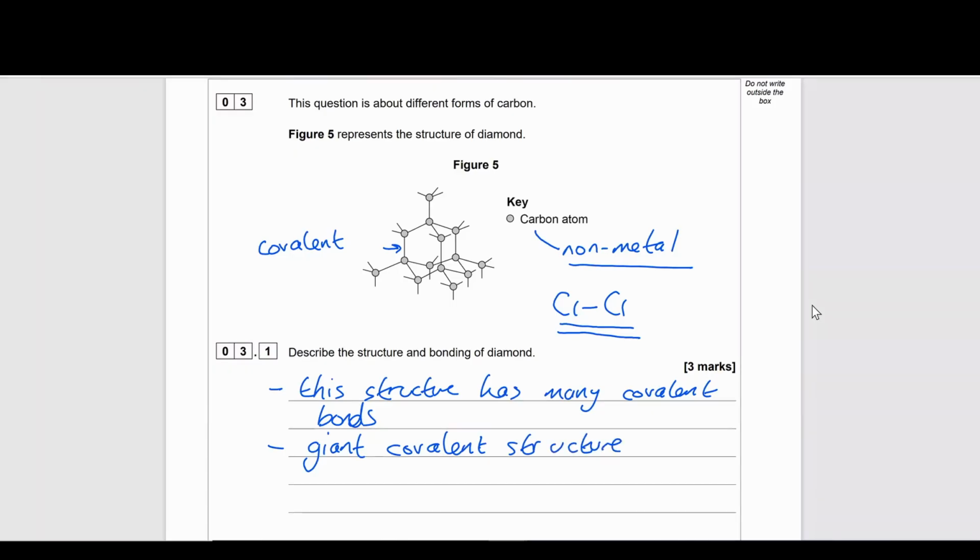Now, what's special about diamond, if we really think about it, is that it's quite strong, quite hard. So what provides that strength? It is those covalent bonds. So we can say that the bonds are strong.